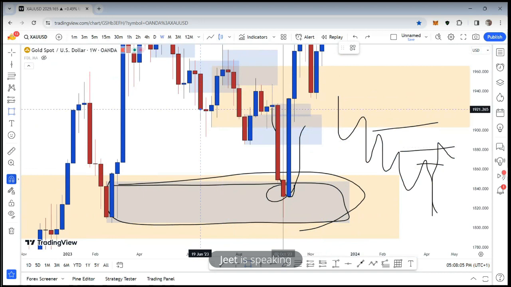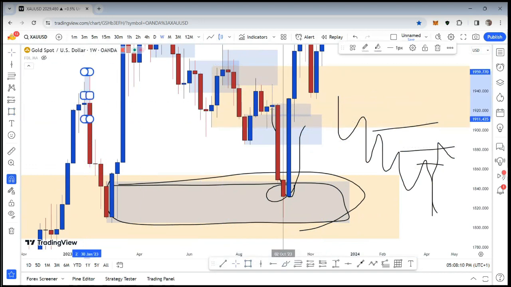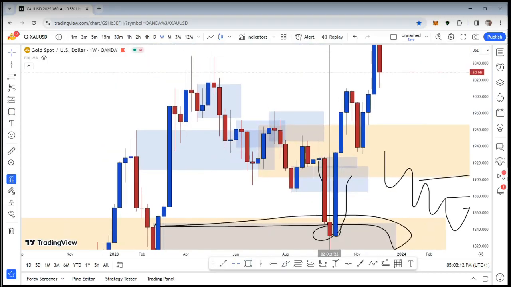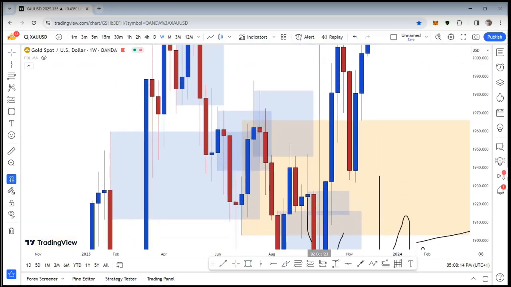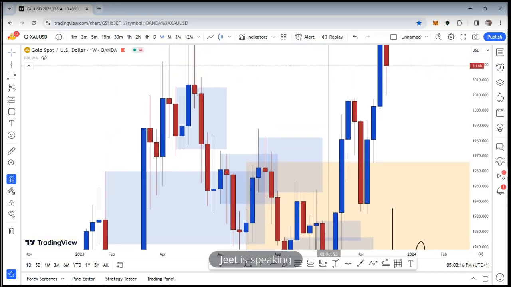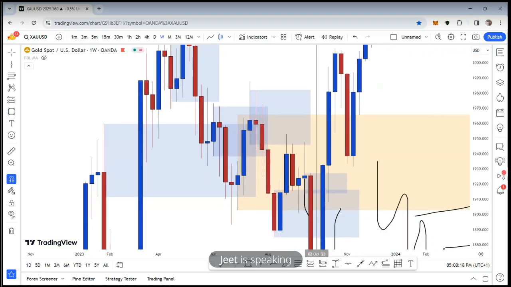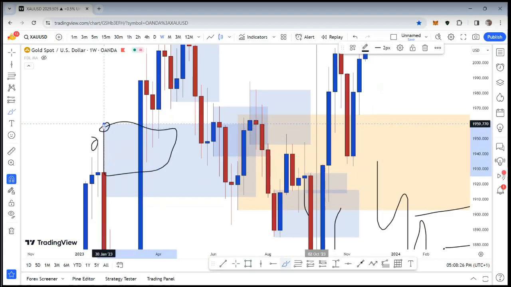This to this. Can you see that? That is why price has been respecting that zone to the upside. Price was not respecting this. Price was respecting this entirely. Support, resistance broken, now support.